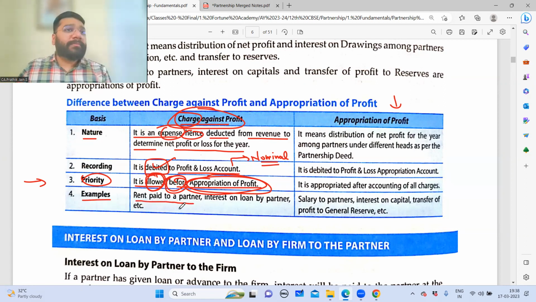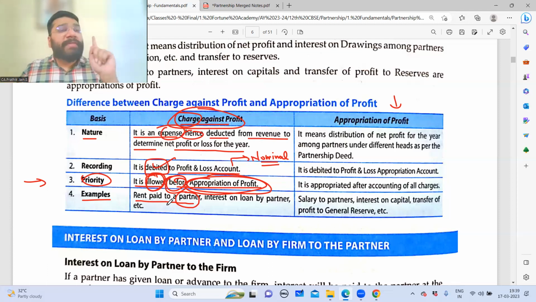Rent paid to the partner. So partner is having some building. That building partner has given on rent to whom? Firm. So firm is paying rent. So firm is saying that since we don't have sufficient profit, since the business is into loss, we will not pay you rent. Is it acceptable?